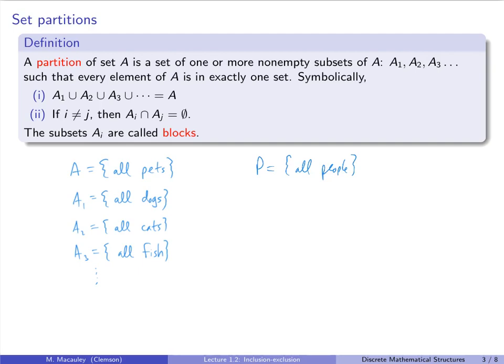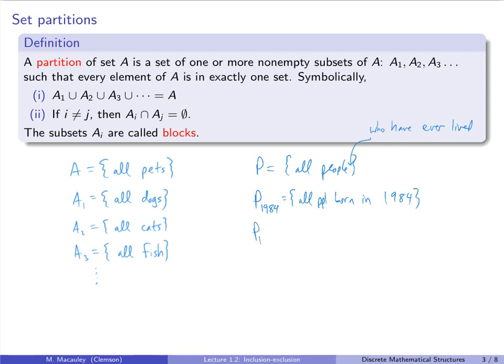And let P of, let's pick a year, 1984, maybe, be the set of all people born in 1984. And maybe I'm a little ambiguous. Maybe I can say all people, let's say, who have ever lived.